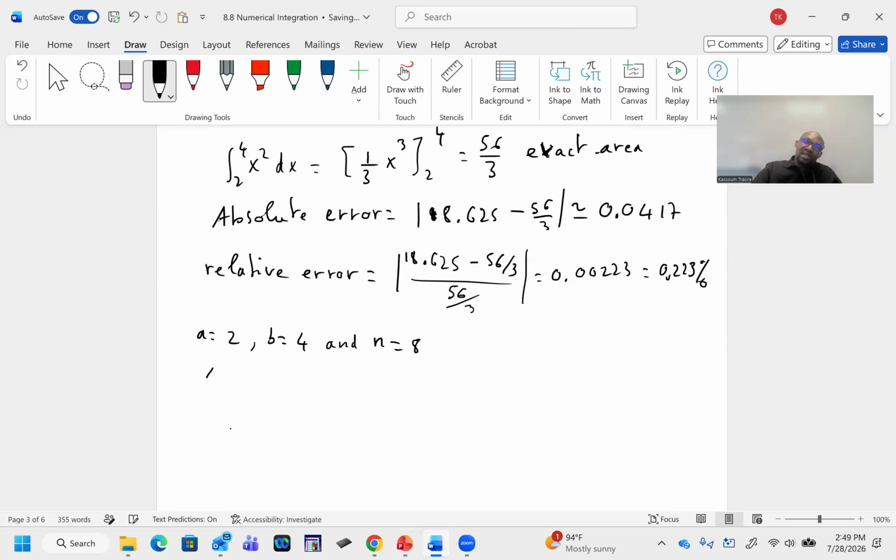So in this case, my delta X will be equal to 4 minus 2 divided by 8, which is 1 divided by 4, and that is 0.25, right?